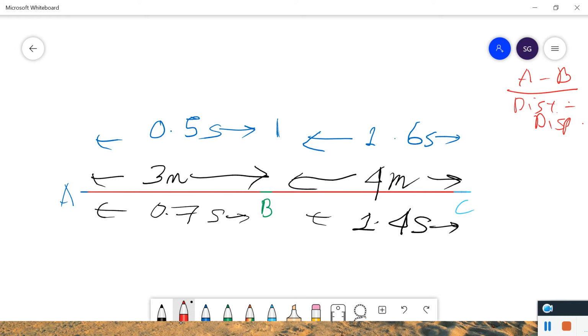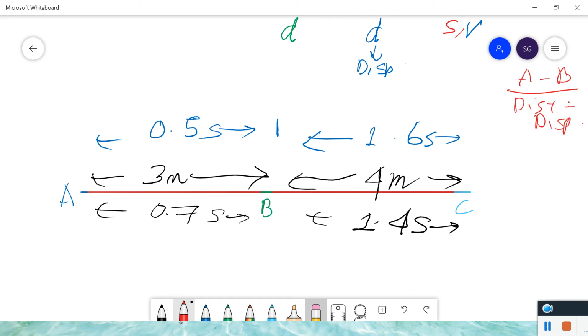Both are the same. So I will represent speed by S, velocity by V, distance by D, and displacement by D. This is displacement.